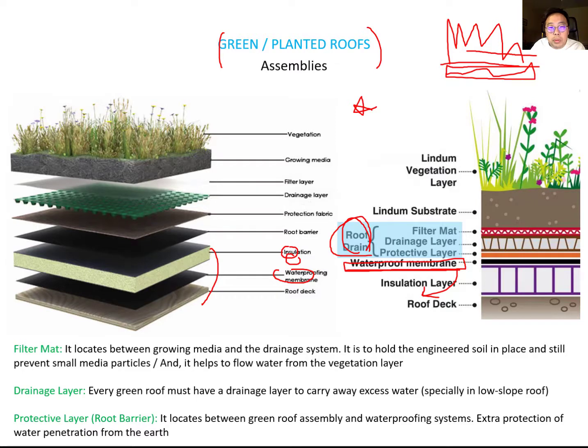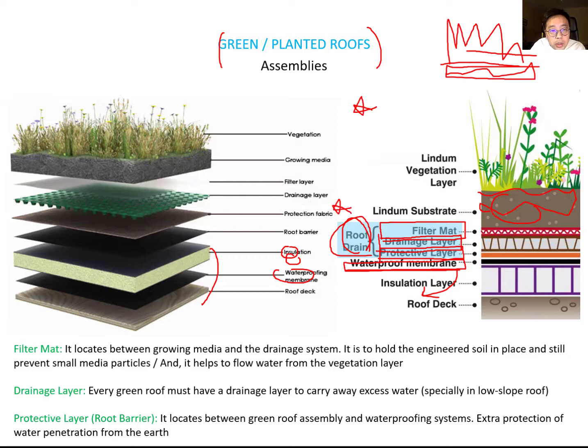But over the waterproofing membrane, first you have the protective layer, and over the protective layer you have the drainage layer, and over the drainage layer you have the filter mat, and over the filter mat you can add the earth, which is the growing media.